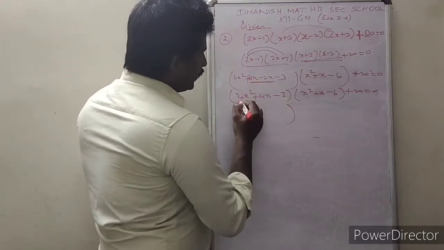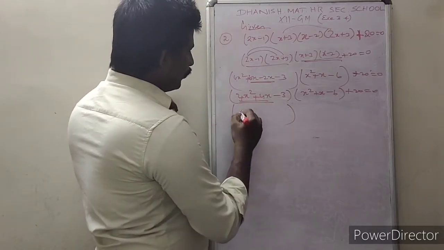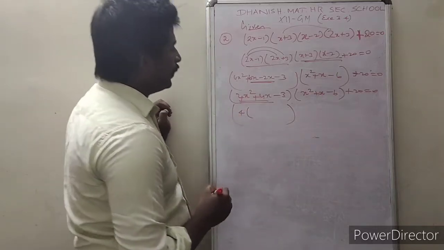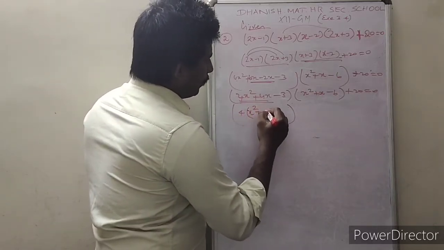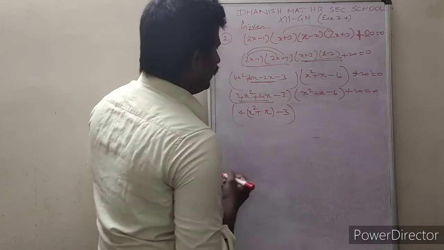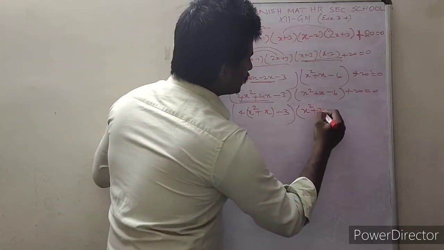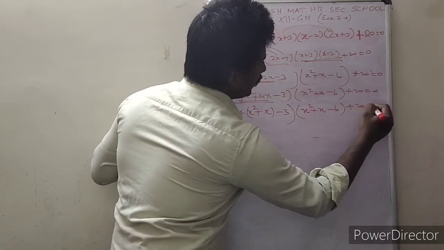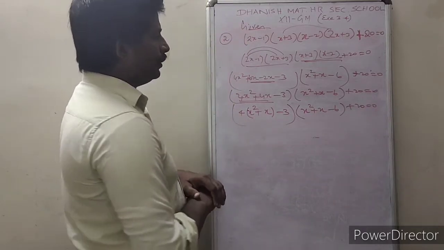See, from these two terms, I am going to take 4 as a common factor. So what will happen? 4 into (x square plus x) minus 3, into (x square plus x) minus 6, plus 20 equal to 0.